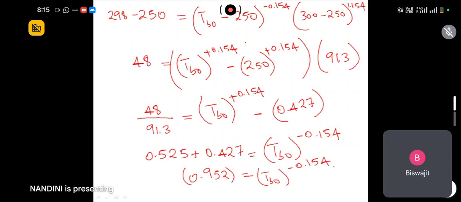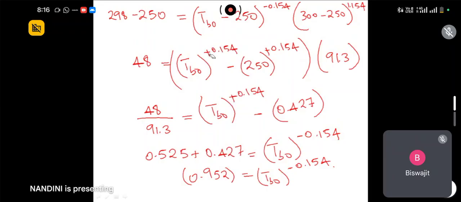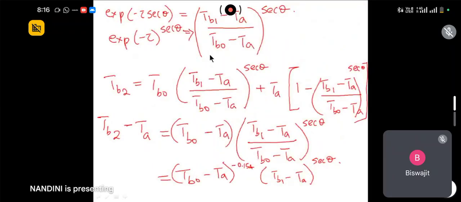It is 1 minus sec theta, right? So it is minus 0.154.